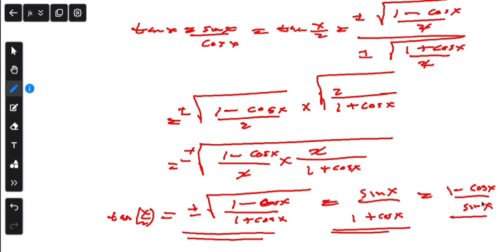So where is this one coming from? This one is coming from when you use this idea of saying you have tan 2x, which is equal to 2 tan x divided by 1 minus tan squared x. So you can use this one here to come up with this. Alright.